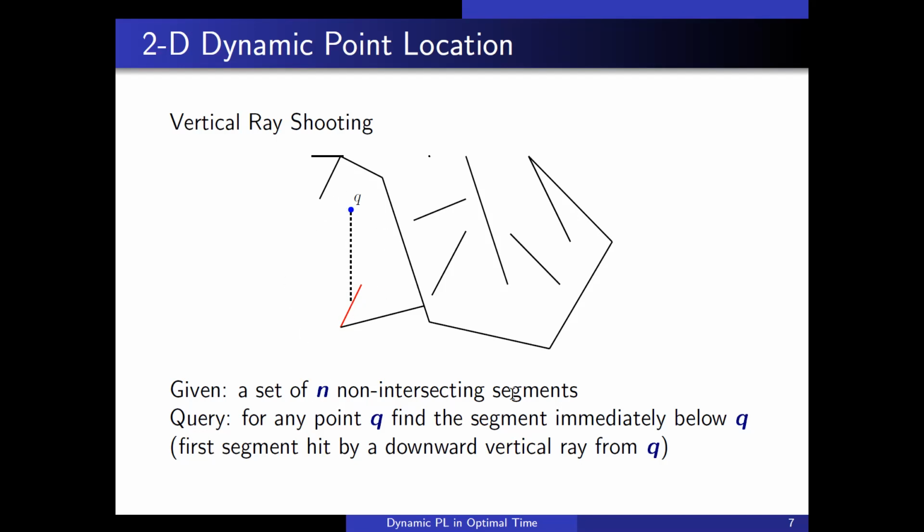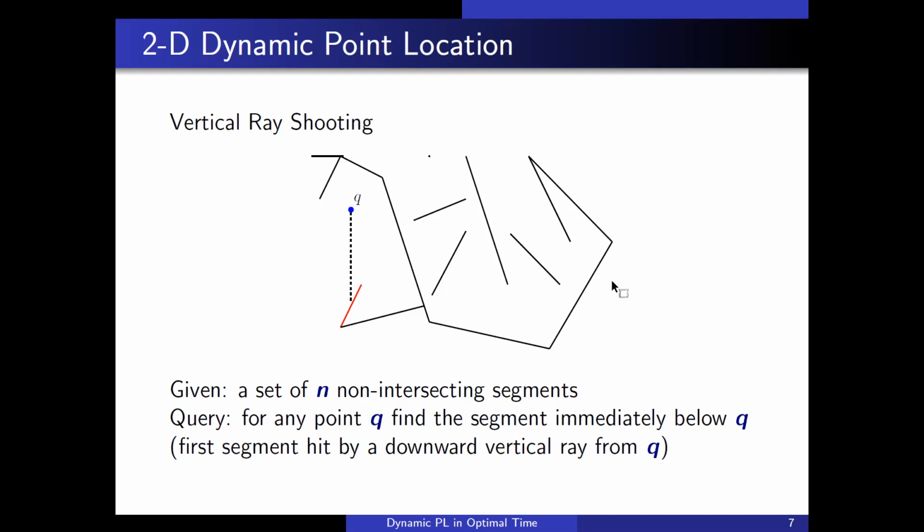If we can solve the vertical ray shooting problem in log n time, then it's known how the dynamic point location can be reduced to this problem.